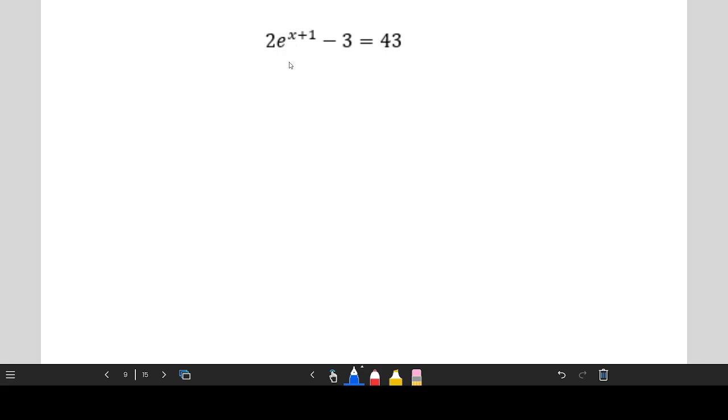Here's another example where we need to get the exponential part by itself first. So the e to the exponent, that is what we want to isolate. So we're going to need to add 3. And then we also need to divide by 2.